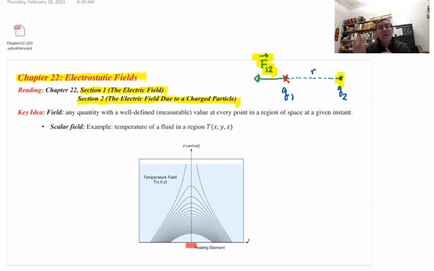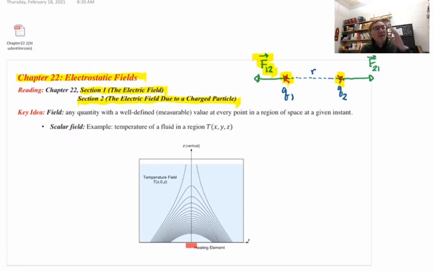And of course, it goes the other way too. Particle 1, by virtue of it having charge, creates an electrostatic field in all of space around it, including at the location where particle 2 happens to be. And particle 2, therefore, is immersed in the electrostatic field of particle 1, and it's that electrostatic field of particle 1 that would exert an electrostatic force on particle 2, which would be that way, and which we would label F21.